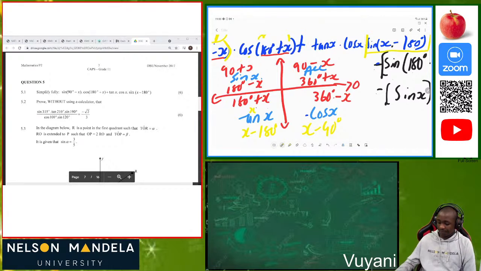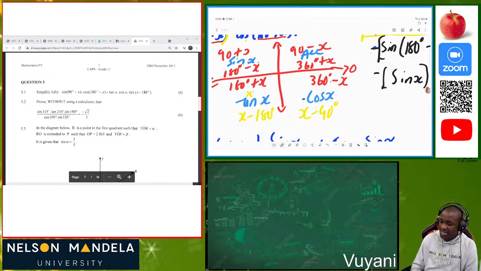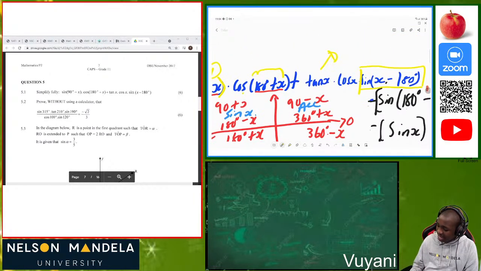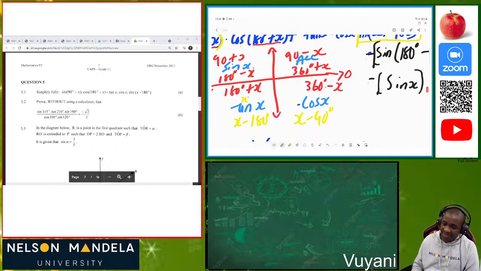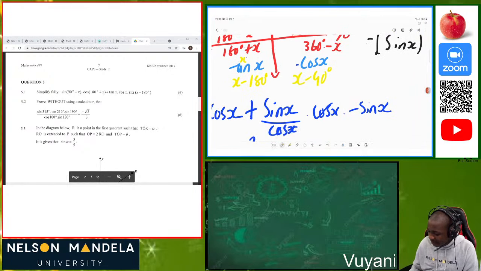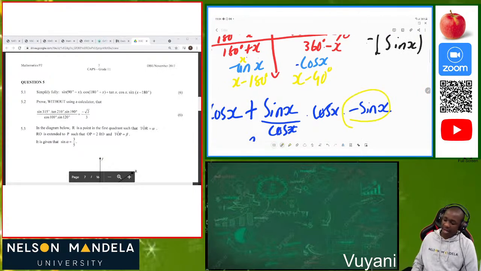So x minus 180 is in the third quadrant. So you ask first, x minus 180, which quadrant is it in? It is in the third quadrant. Now you come back to sine and ask yourself, is sine positive or negative in the third quadrant? Sine of x is negative in the third quadrant. So that's why we ended up having negative sine of x.